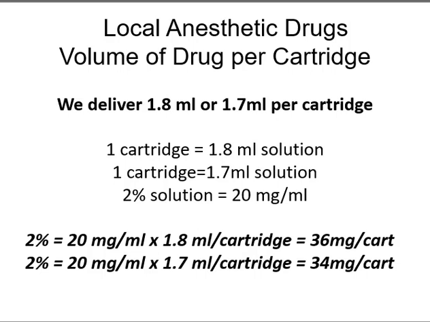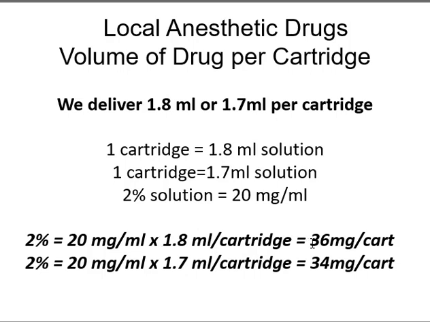So when we have that 2% solution, which we've discussed means it's 20 milligrams per 1 milliliter, you will take that 2%, that 20 milligrams per 1 milliliter, you will times it by 1.8 milliliters per cartridge because that's the cartridge that you're given.